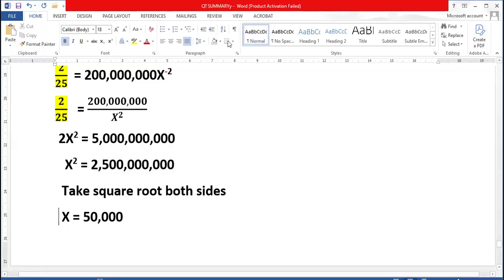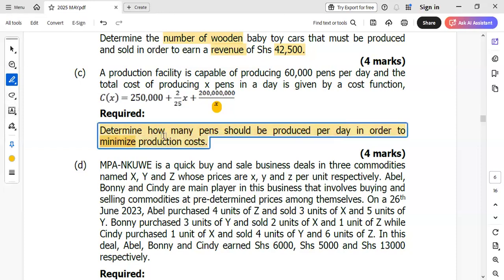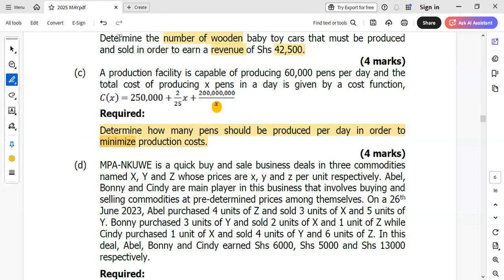That is the value. Here you are supposed to be very, very critical. Determine how many pennies should be produced per day. So this company should produce 50,000 pennies per day in order to minimize production costs.